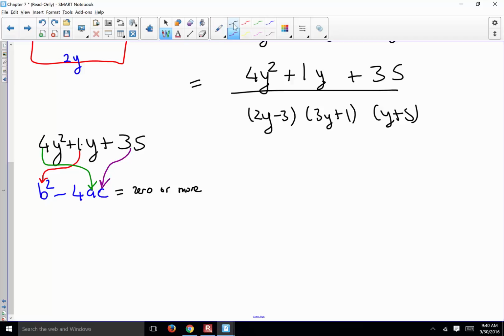So take those numbers. B squared is 1 squared. 4 times 4, A is 4, C is 35. I've seen these numbers. Oh my God, this is not becoming positive. When you first multiply 4 times 4 times 35, what do you get? 70, 140, 560.